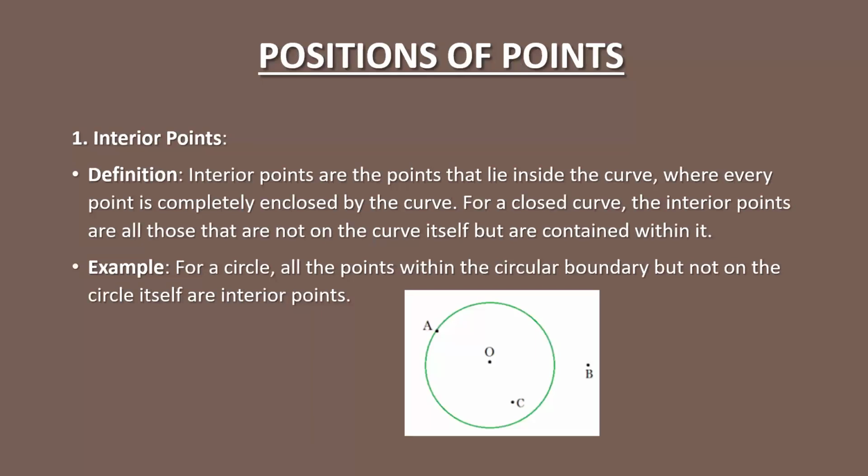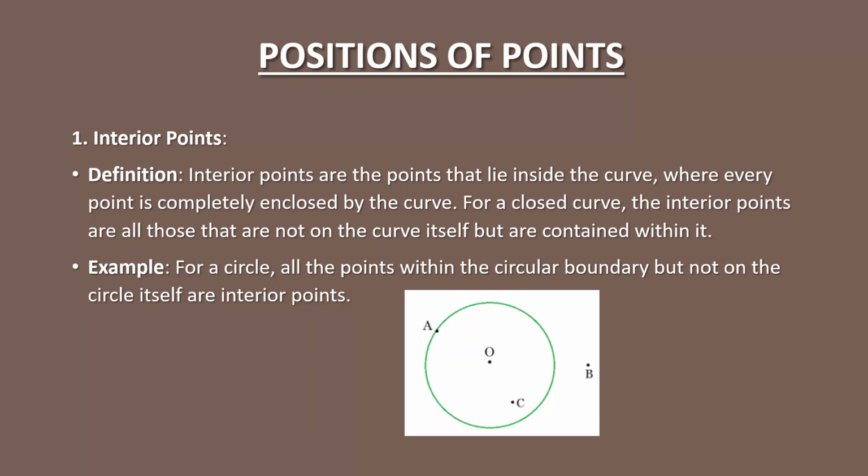So here first are the interior points. What are interior points? The points that lie inside the curve, where every point is completely enclosed by the curve. For a closed curve, the interior points are all those that are not on the curve itself but are contained within it.